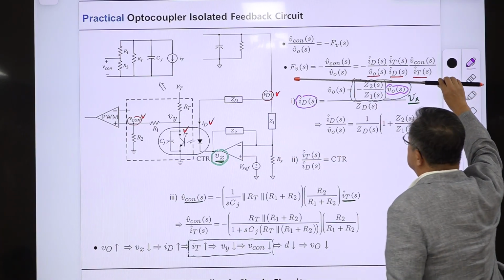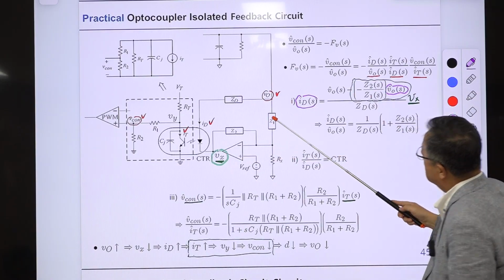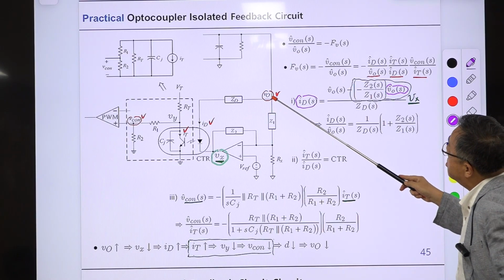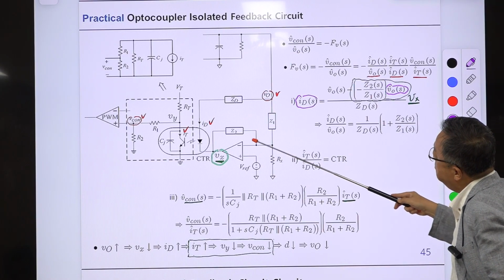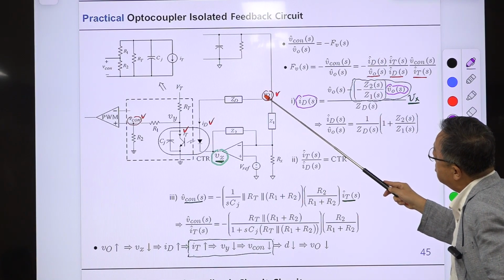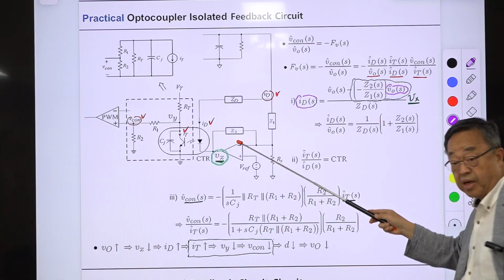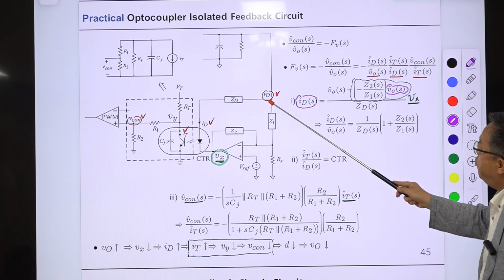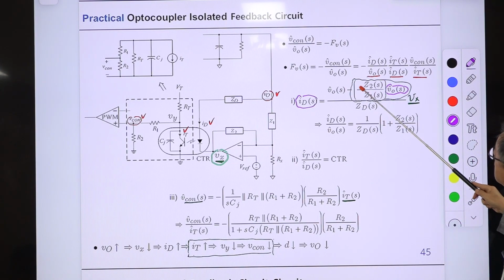So we have this, and the first one, the transfer function from here to there, is very easy because this is the VO and this is a non-inverting amplifier. So the output is VO times G2 divided by G1 with a negative sign. Okay, so it's shown here. Then this is VO and this VX is this one.